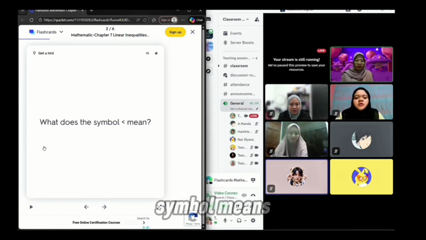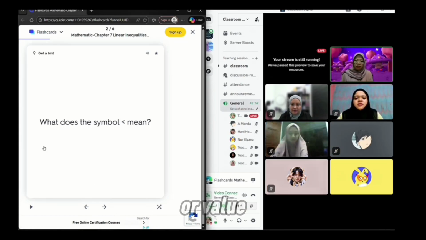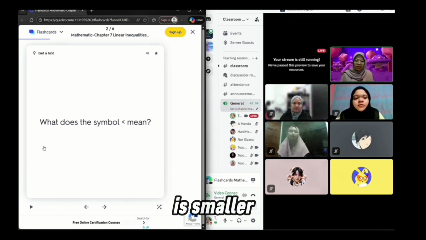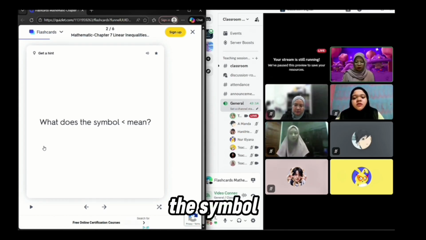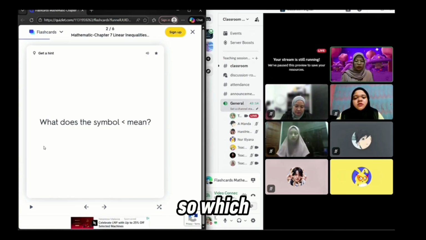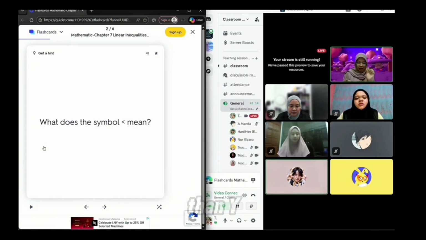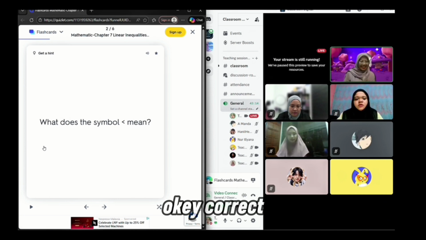This symbol means the number or value before the symbol is smaller than the value after the symbol. For example, A less than Y. So, which one is smaller? A, teacher. Okay, correct.